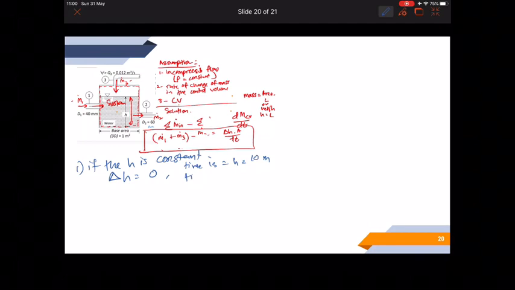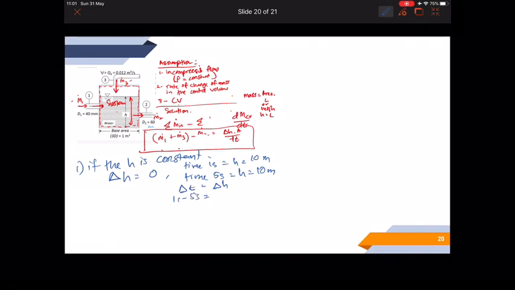At time of 5 seconds, H is still 10 meter. So delta H, from 1 second to 5 seconds, is 10 meter minus 10 meter, so it will become 0 meter. That's what it meant by constant.